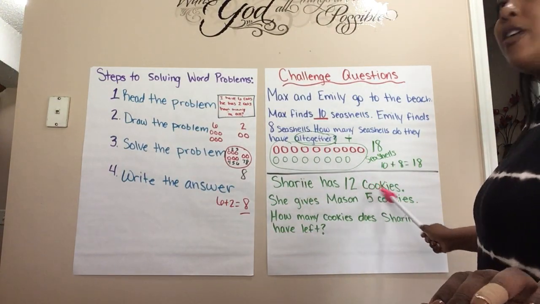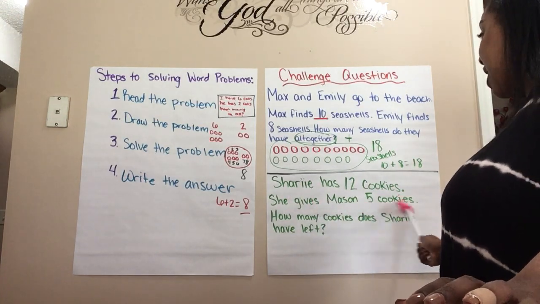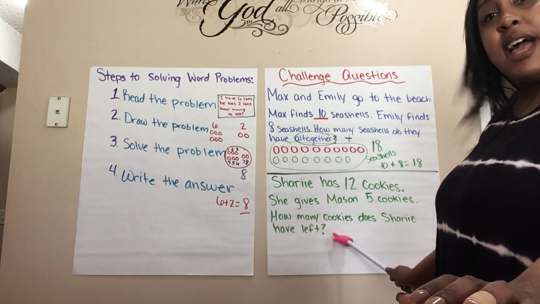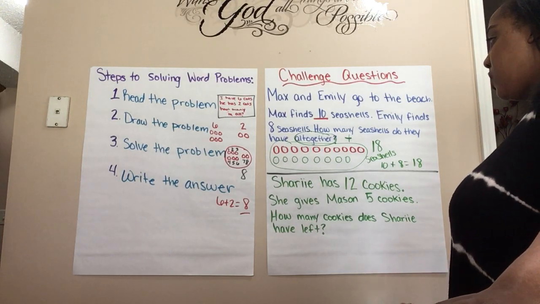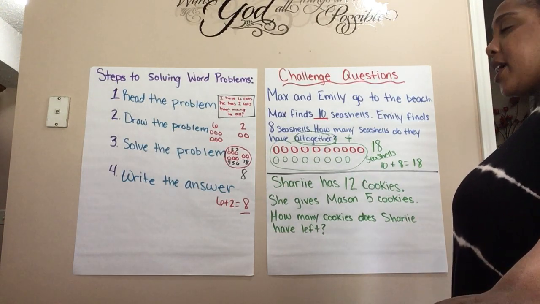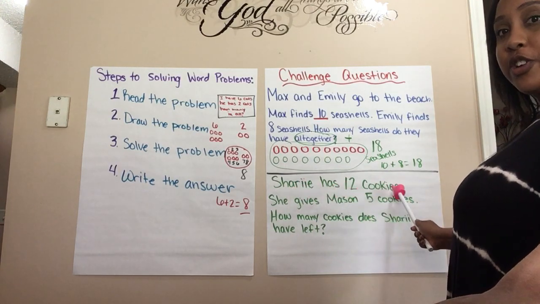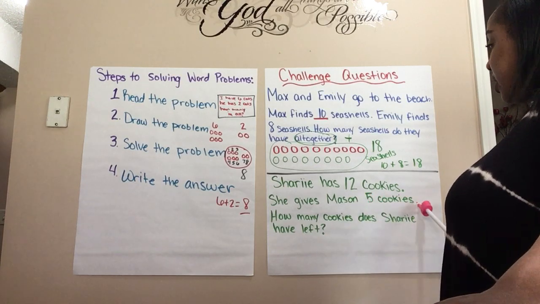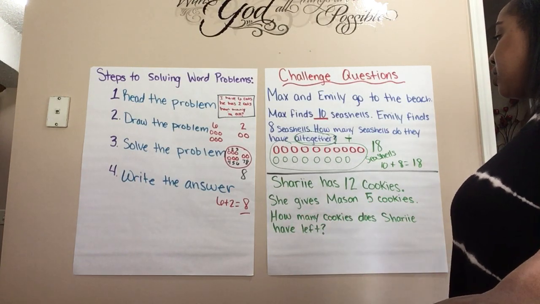Shady has 12 cookies. She gives Mason 5 cookies. How many cookies does Shady have left? Ooh, addition or subtraction? Let me see. Kind of working with some big numbers still. Shady has 12 cookies. She gives Mason 5 cookies. How many cookies does Shady have left?